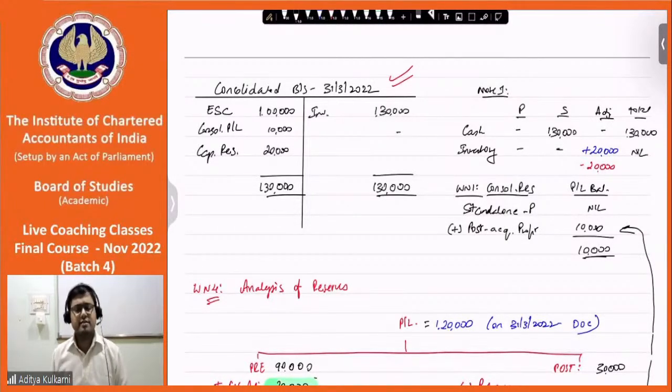Okay, so this is how we are going to do fair valuation adjustments relating to inventories. Okay, inventories cannot be depreciated. So there are two options. Either it is sold off or it is unsold.